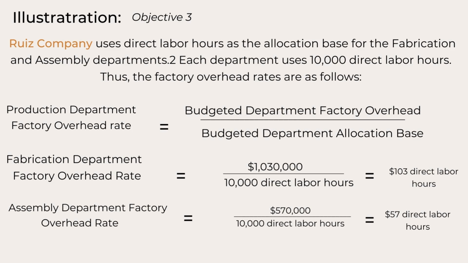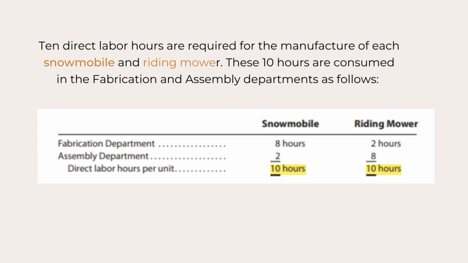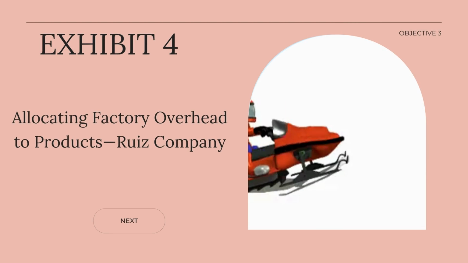Moving forward, 10 direct labor hours are required for the manufacture of each product, the snowmobile and the riding mower. These 10 hours are consumed in the fabrication as well as in the assembly department.